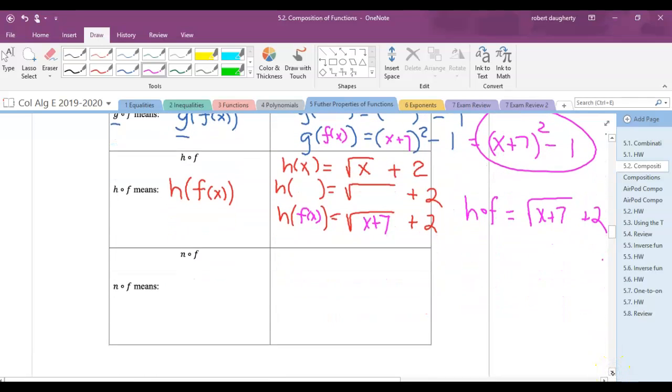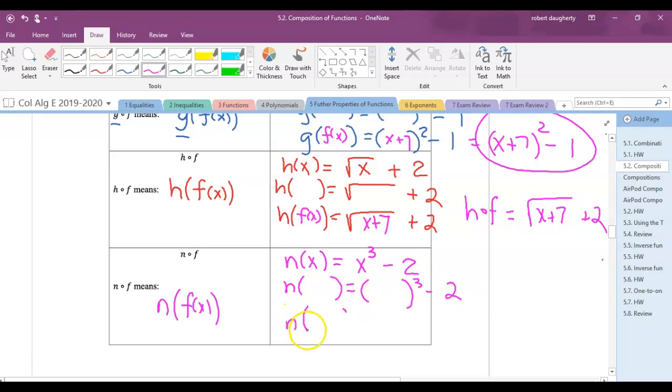n composition f, what does this mean? Okay, so which one do I go write down first? n of x. So n of x, what is n of x? x cubed minus 2. Okay, so then I write it with blank parentheses. And what gets substituted in is f of x, right?